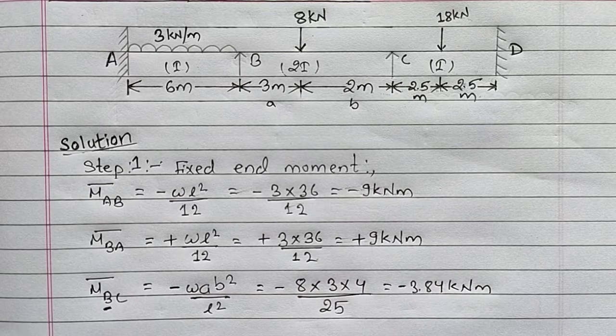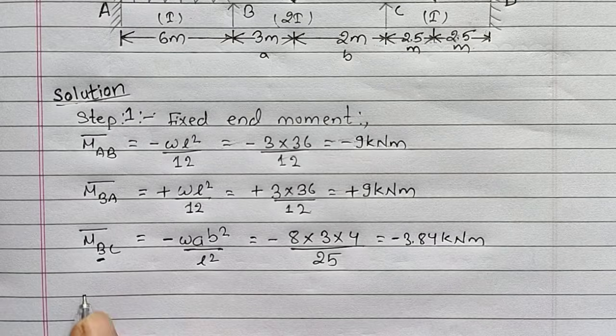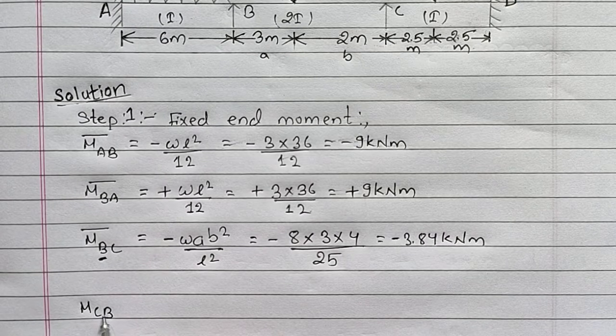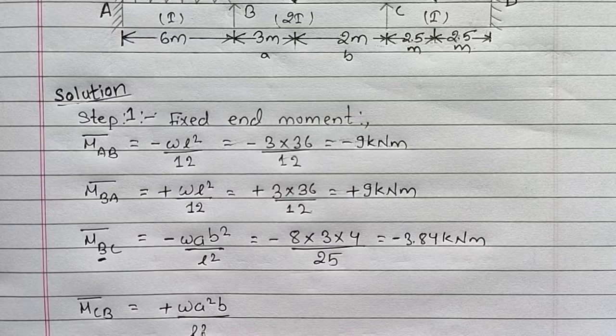Similarly, we need to find the fixed end moment at joint C of same span BC. Then we will have here MCB equals to positive W A square B upon L square.